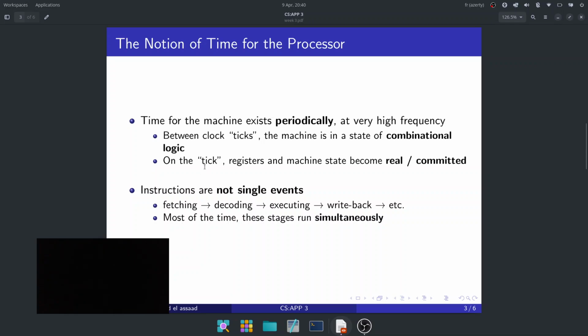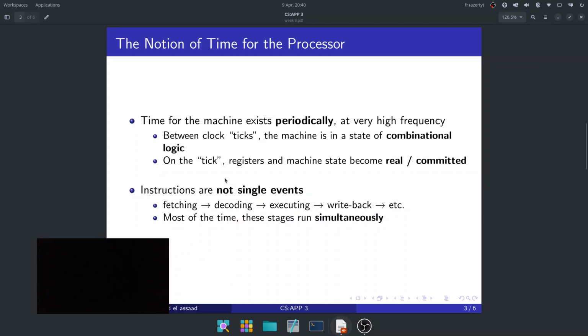And at the tick, this is where registers and all the modes of state management come into life again. This is the ping pong of the machine while it is running.